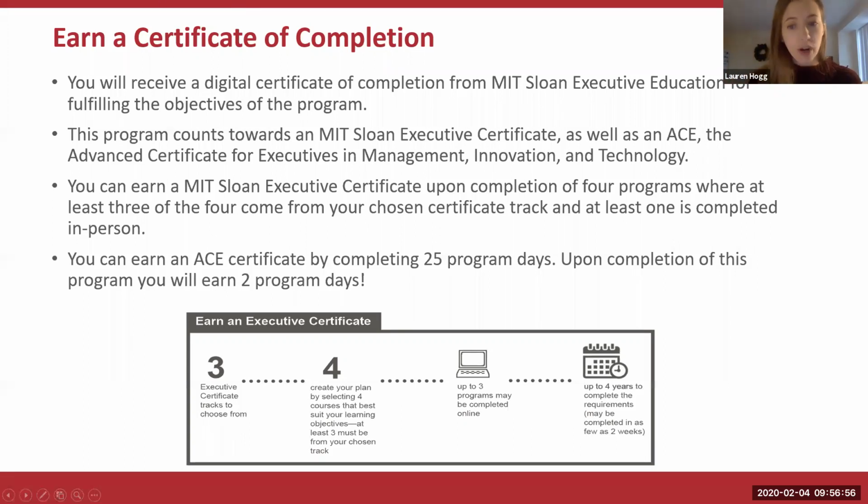Upon completion of this program, you will earn two program days towards that 25 total program days. So again, two different options if you wanted to pursue that after taking this course, or if you are already in the midst of pursuing that, just know that this course does count towards those. The ACE, it will count two days towards 25, and we are grateful that we can offer this to people wherever you may be.